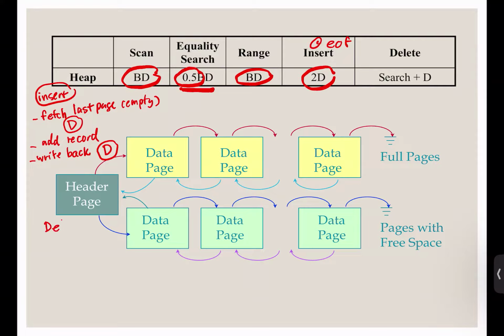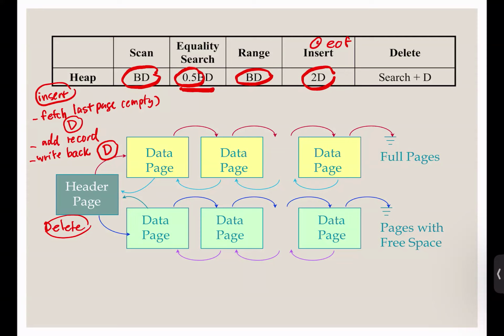Next one, delete. Now, delete is different because for insertion, you always insert at the end of file, right? You always bring out the last page and then do the insert. But to delete, you have to search for the thing to delete, right? I want to delete this person's name.